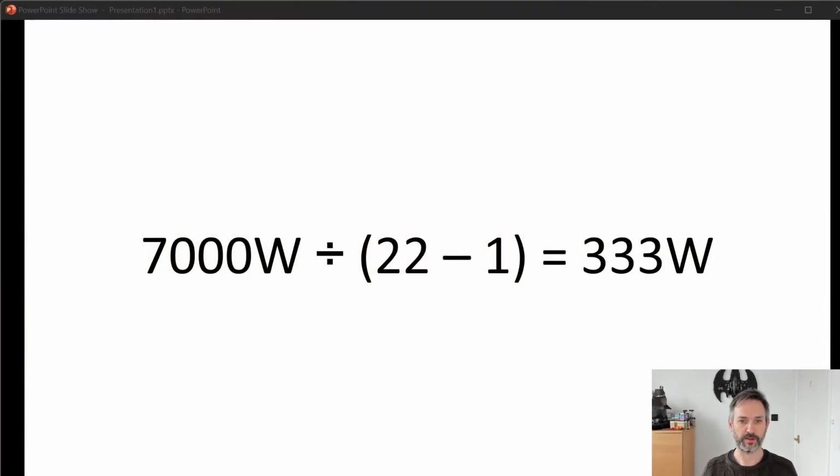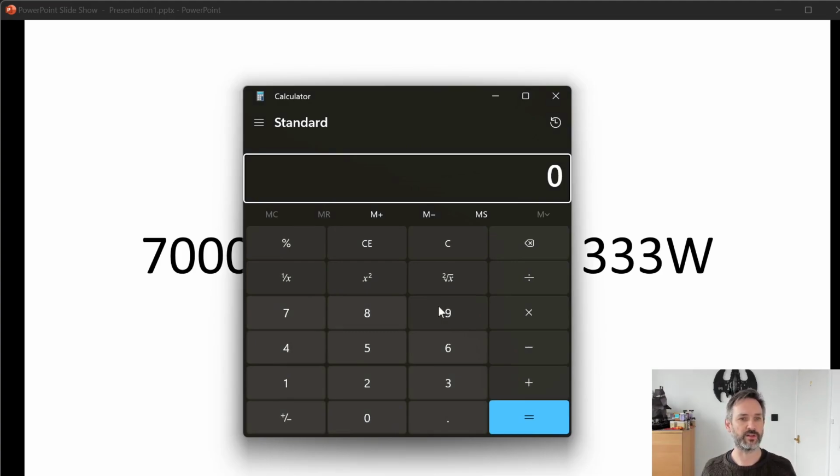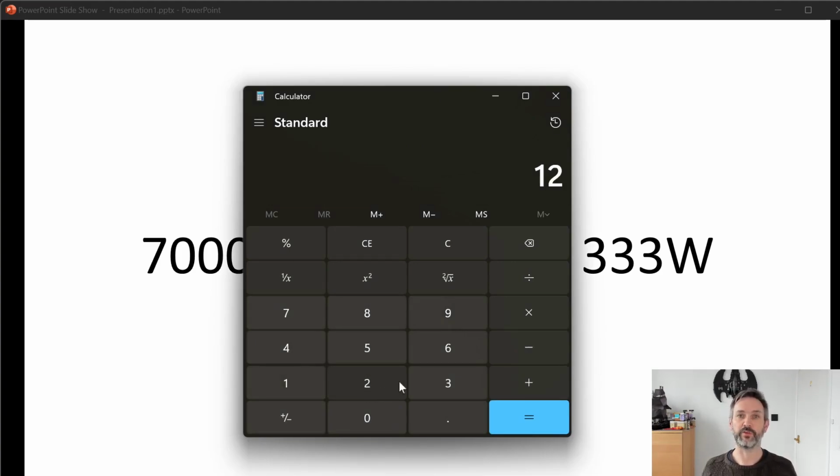So if I bring up a calculator, if it's 10 degrees outside and we want it to be 22 inside, we've got a 12 degree temperature difference, and we multiply that by 333 in our example, and that will tell us that we need about 4 kilowatts of heat in order to raise the temperature of the house to 22 and maintain it.